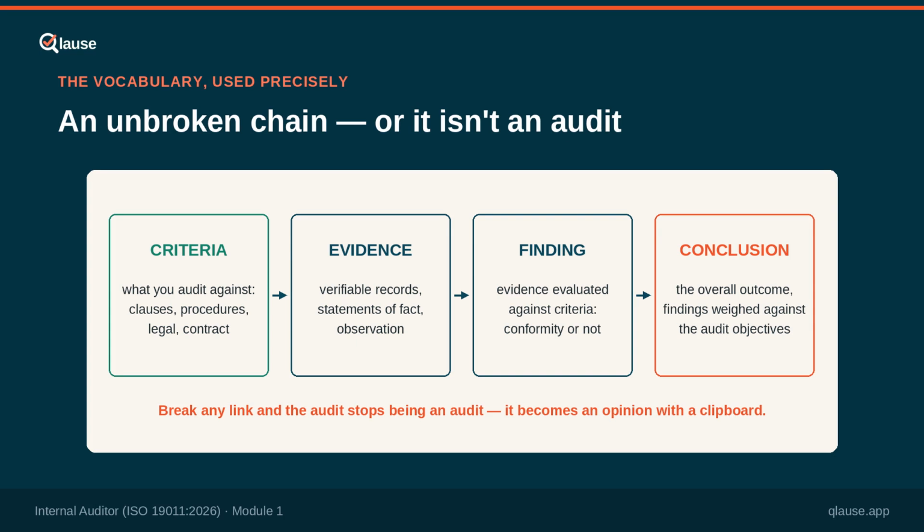An audit finding is what you get when you evaluate the evidence against the criteria: conformity, non-conformity, or an opportunity for improvement. And the audit conclusion is the overall outcome, once the findings are weighed against the objectives you set for the audit. The chain matters more than any single link: criteria to evidence to finding to conclusion. Break any link: a finding with no criteria behind it, a conclusion unsupported by findings, and the audit stops being an audit. It becomes an opinion with a clipboard.